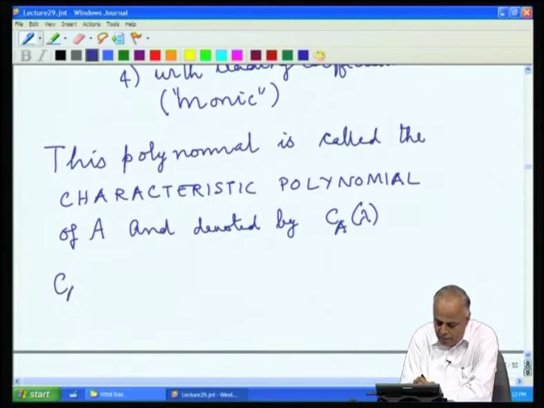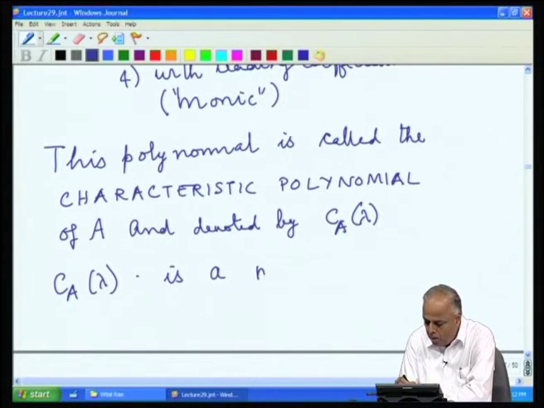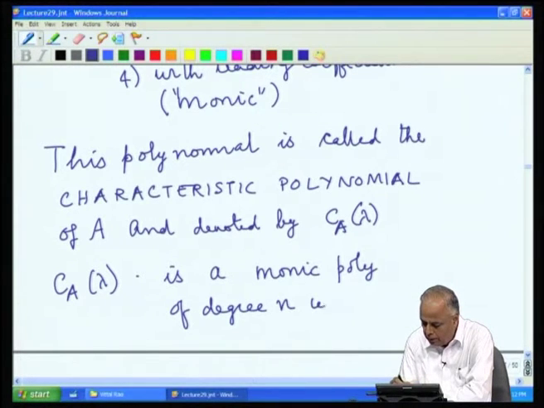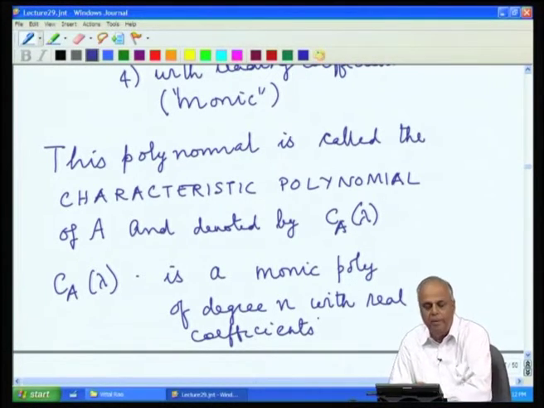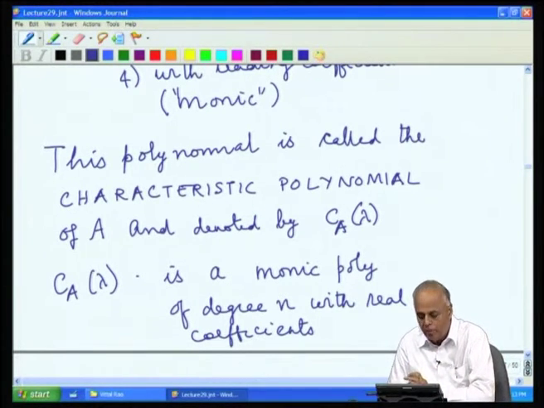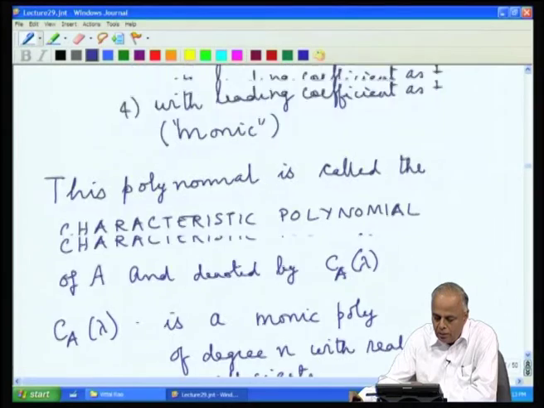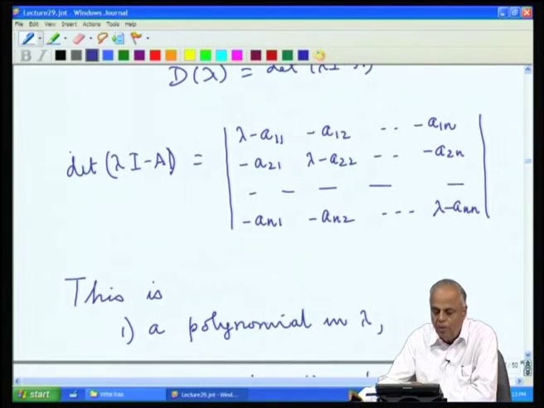By our observations above, C A lambda is a monic polynomial of degree n with real coefficients, when A is a real matrix. We are considering a real matrix. So, when A is a real matrix, the characteristic polynomial of A is a monic polynomial of degree n with real coefficients. We are interested in the zeros or the roots of these polynomials, because we have seen that the zeros or the roots of this function d lambda are the eigenvalues.